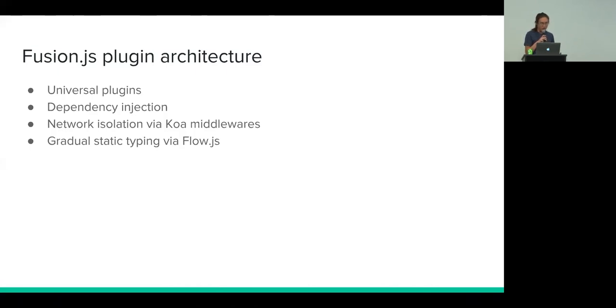This is facilitated a little bit by static typing. So for Fusion.js, what we use is Flow.js, which is a type system that was developed by Facebook. One of the nice things about that is that it does type inference. What that means is that you can sort of hide types in your files, and you can gradually migrate from old code into new code. And this is something we've actually been doing internally.